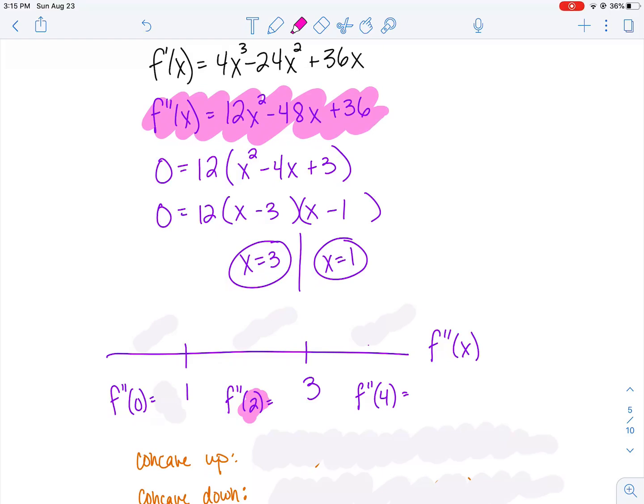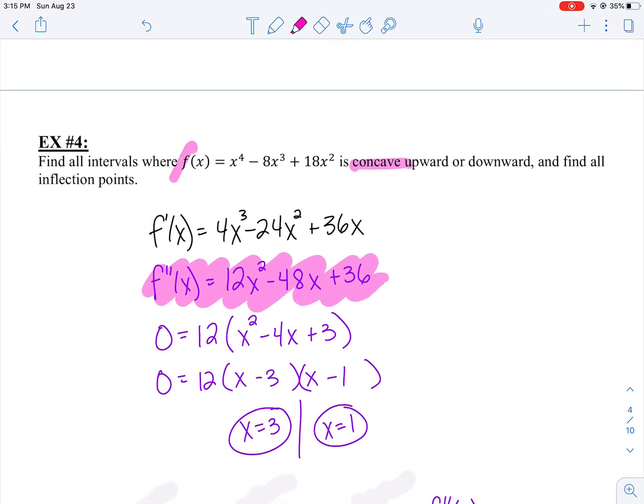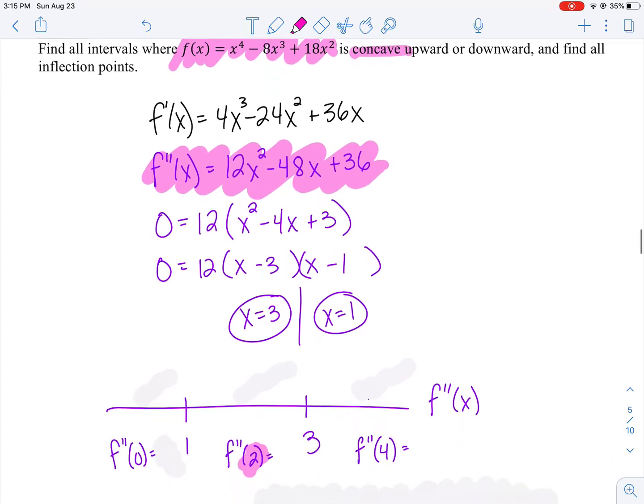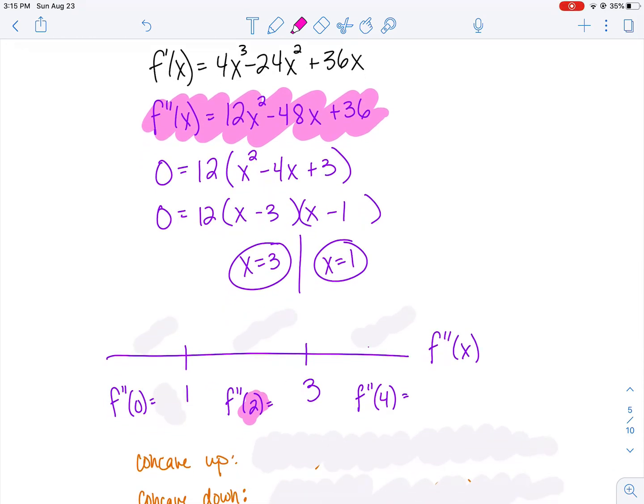And if it's a point on our original function, we're going to want to plug it into our original function. And again, without having to plug it into this whole entire equation, how can we do that more quickly using our calculator? Well, I'm going to pause this example for a second, and I'm going to show you how we can evaluate 0, 2, and 4 in our second derivative pretty quickly using our calculator.